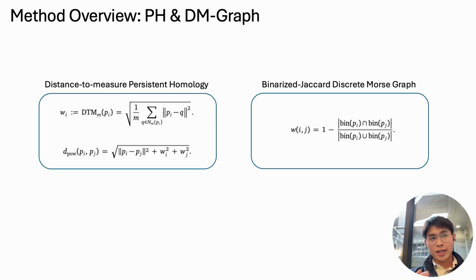Again, the original graph was induced by a KNN and then weighted by a binarized Jaccard index, which is looking at, with each intention, binarizing it to ones and zeros and then comparing it in that way.